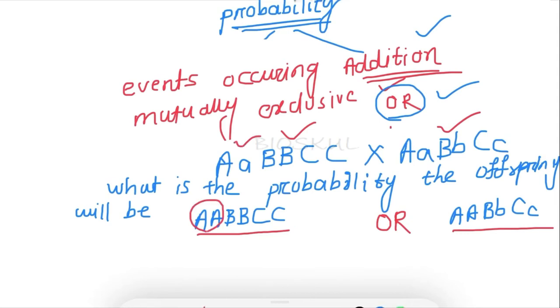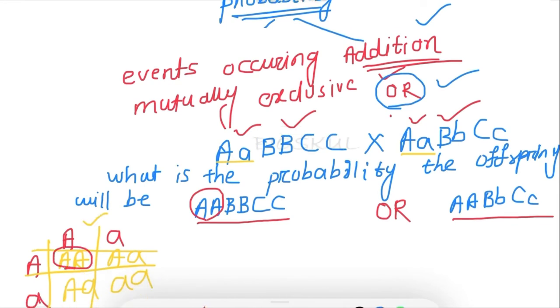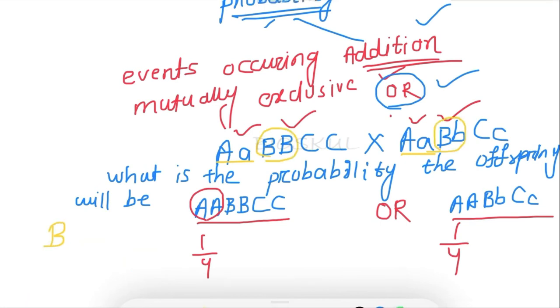Suppose for A, we cross Aa with Aa. So what do we get? We get AA, Aa, Aa and aa. So the probability of getting capital A is 1 upon 4, right, for both the cases. Now we'll look into B. Let's cross BB with Bb.